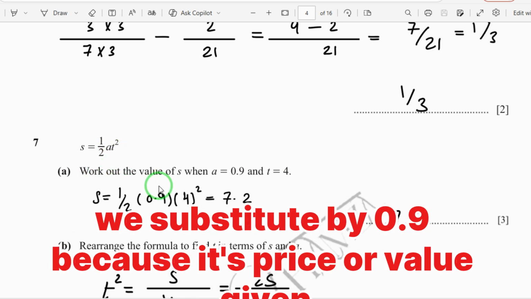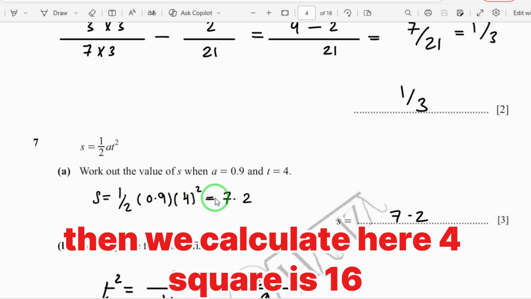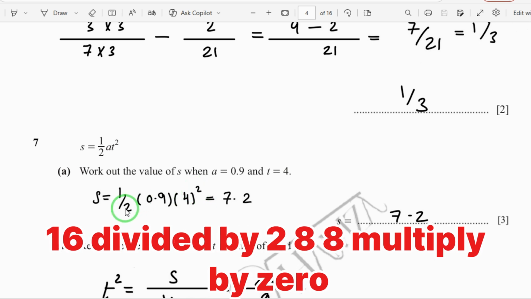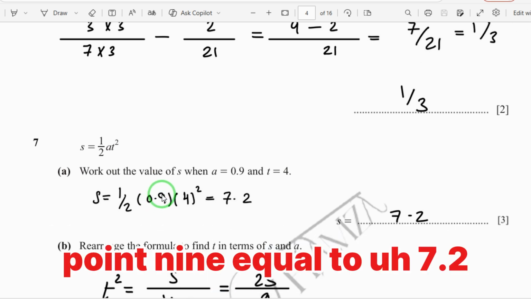Instead of a we substitute 0.9 because it's the value given, and t is equal to 4, multiplied by 4 squared. Then we calculate: 4 squared is 16. 16 divided by 2 is 8. 8 multiplied by 0.9 equals 7.2.